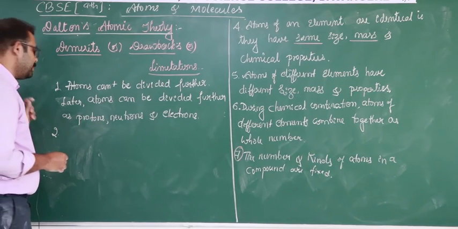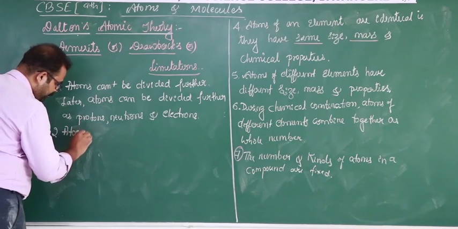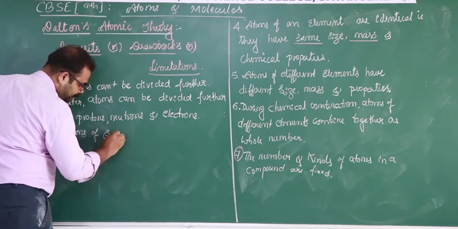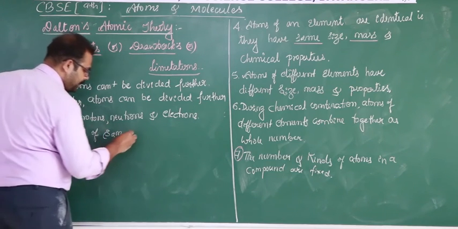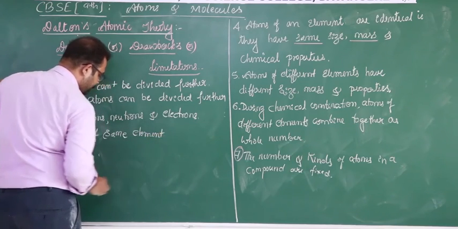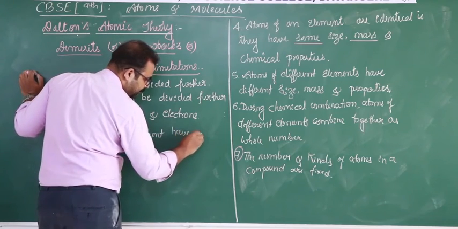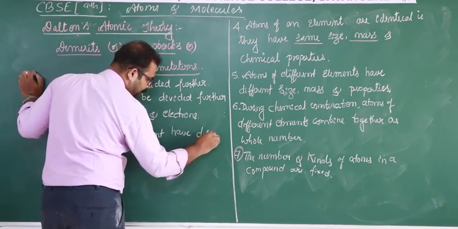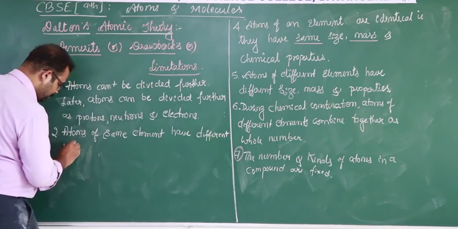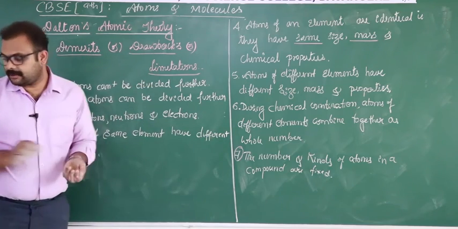So the second demerit is that atoms of the same element have different masses. This is the second drawback.